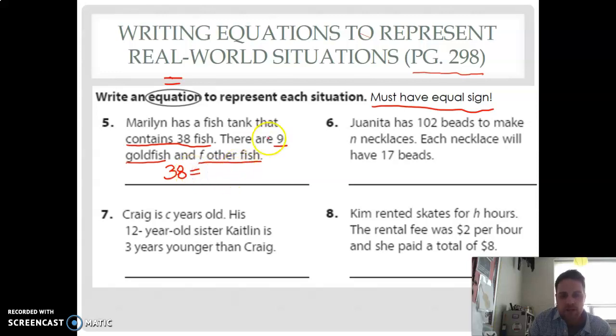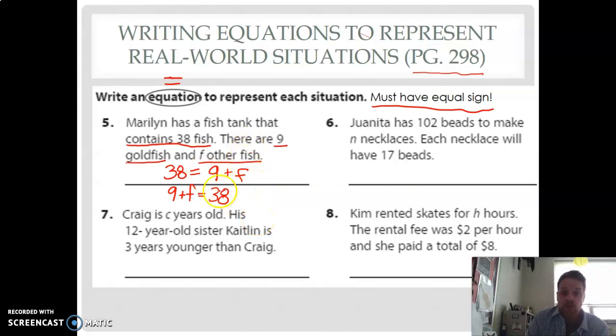And we know that that's going to be equal to the 9 goldfish plus the F for other fish. So here is one equation that would work. We could also write it as 9 plus F, the 9 goldfish plus the F other fish should equal 38.